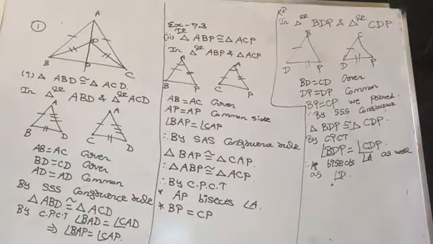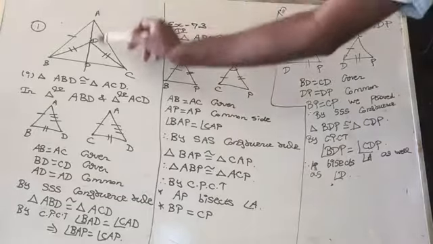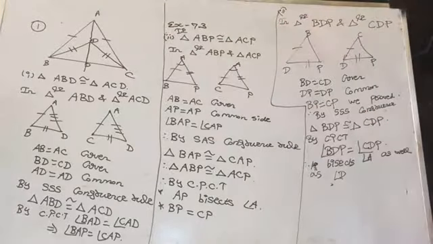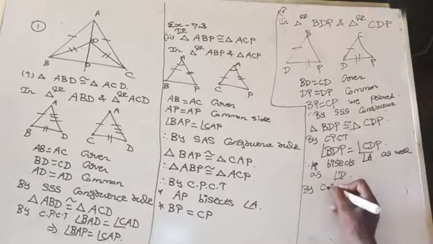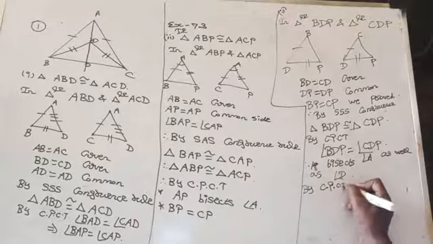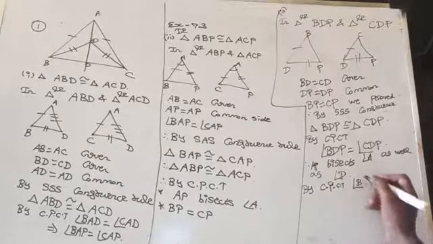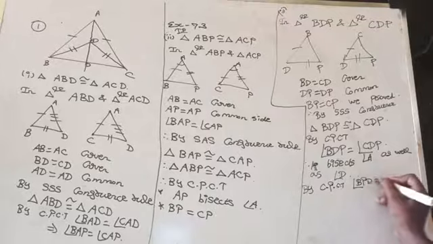Now the last part: you have to prove that AP is the perpendicular bisector of BC. Already we showed that AP bisects BC, so it is enough to prove that AP is perpendicular to BC. By CPCT, angle BPD equals angle CPD.